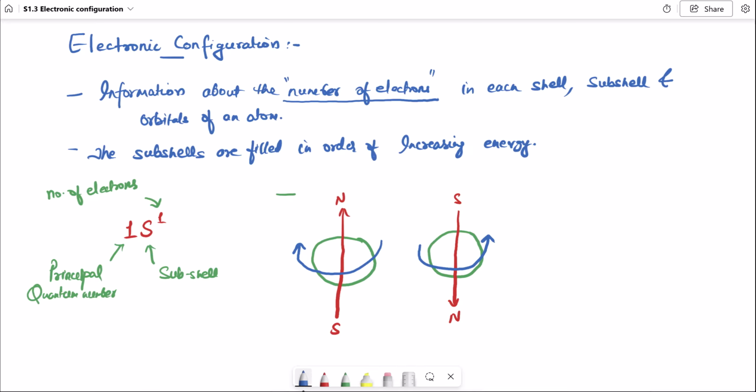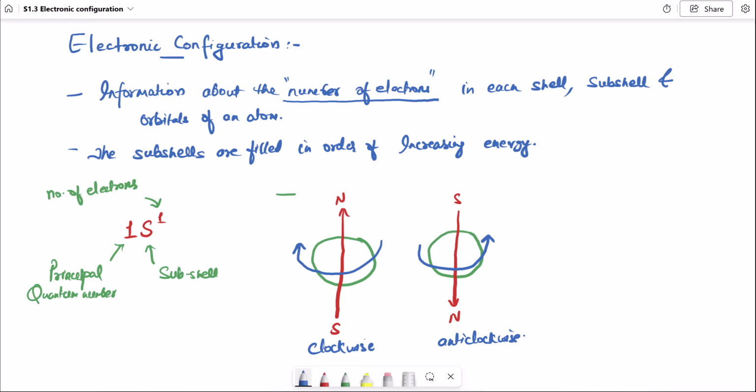We have to imagine the electrons as simple spinning charges which rotate on their own axis either clockwise or anti-clockwise. So this is clockwise rotation and this is anti-clockwise rotation.